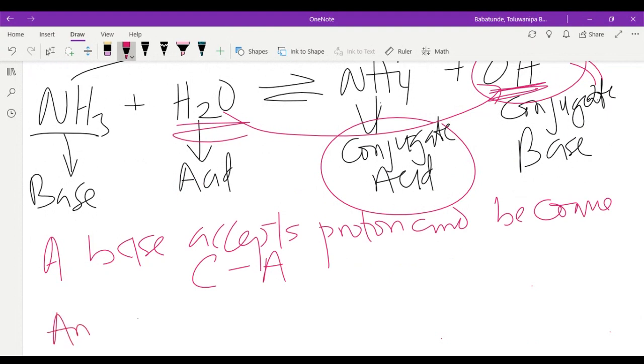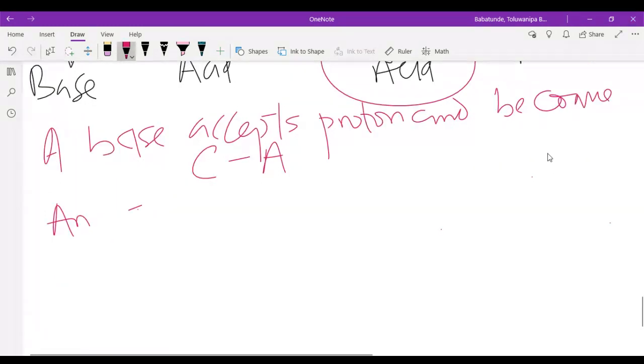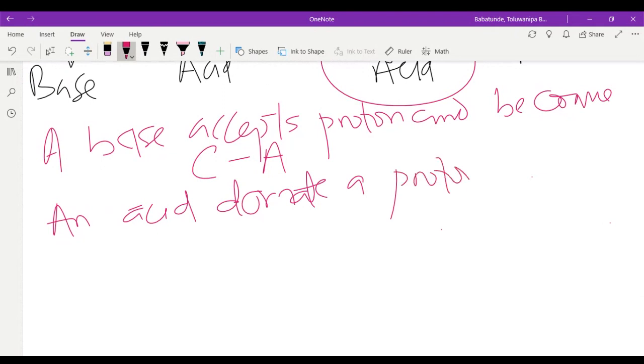An acid donates a proton and becomes a conjugate base. So this is how we are able to figure out the conjugate base and conjugate acid.